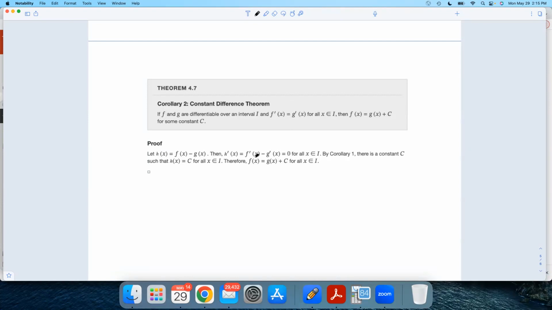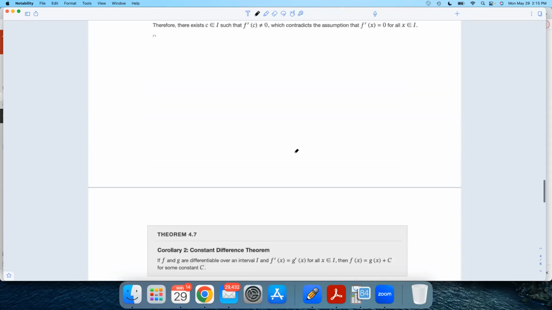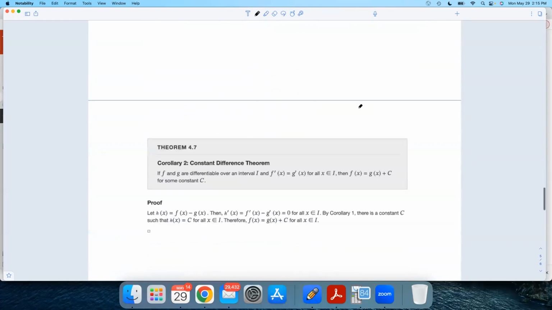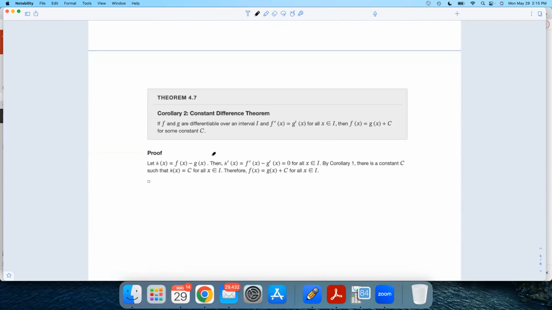If the difference between them is zero, so h prime is zero everywhere, that satisfies this condition. That means h must be constant. So this auxiliary function, h here, must be constant. f minus g must be a constant. Therefore, f equals g plus some constant.